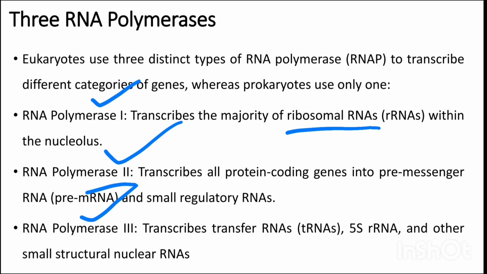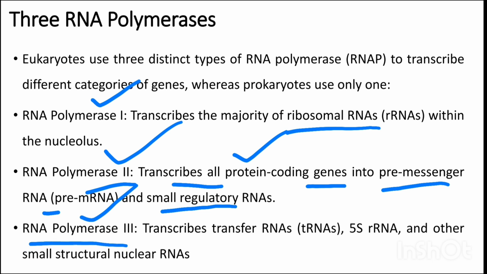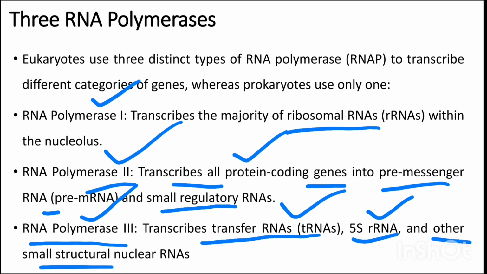RNA polymerase 2 transcribes all protein coding genes into pre-messenger RNA and small regulatory RNAs. RNA polymerase 3 transcribes transfer RNA, 5S rRNA and other small structural nuclear RNAs.